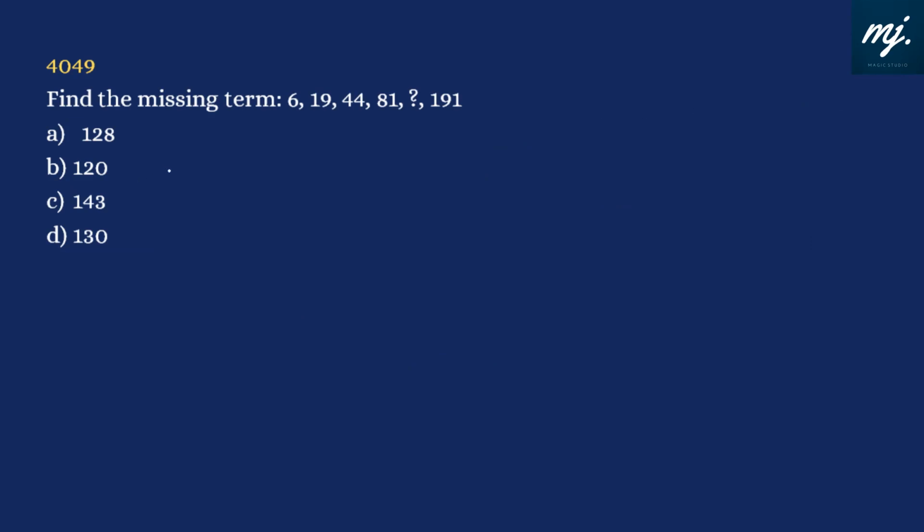On this line of missing term, we have 6, 19, 44, 81, missing, and 191. 19 minus 6 is 13, 44 minus 19 is 25, then 37, 43, 12.